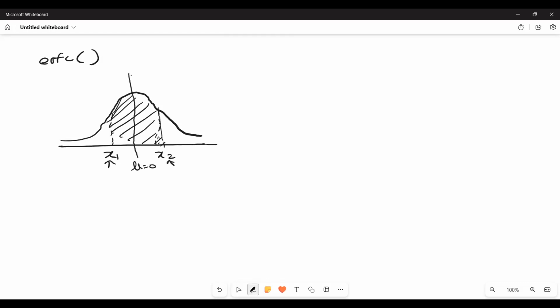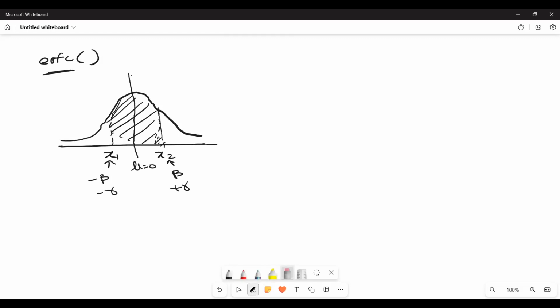In the standard function, we are trying to find the probability between these two points, which are equal and opposite: minus beta and plus beta, or minus gamma and plus gamma.